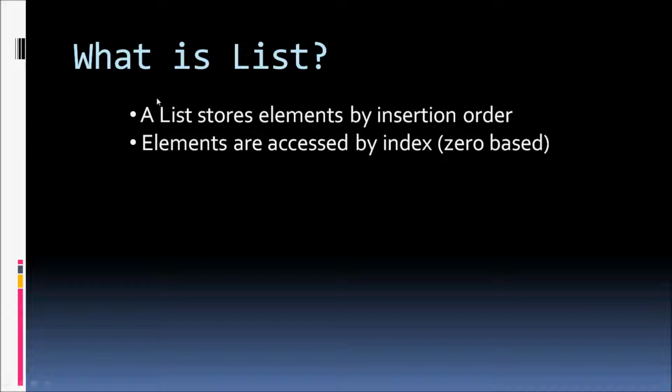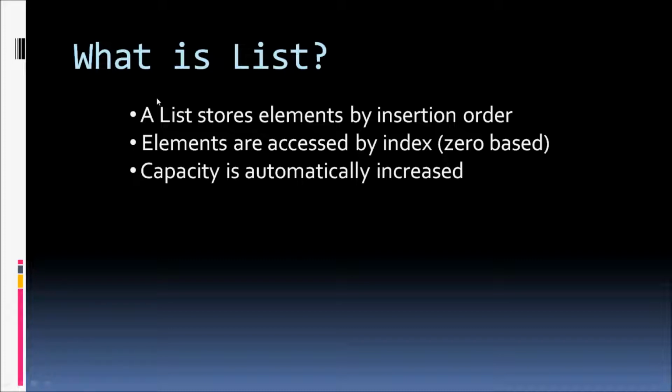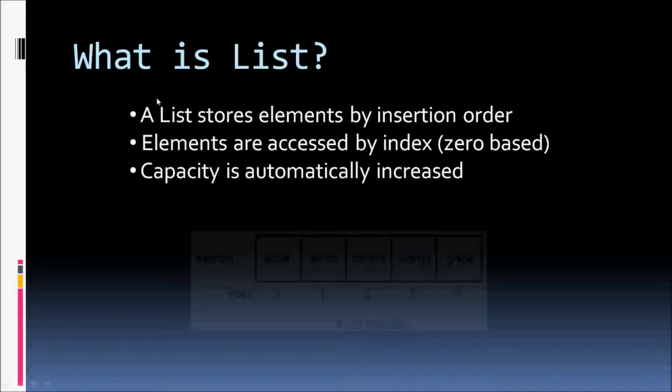That's like array, but unlike array, the capacity of a list is automatically increased when the list is full. So list is more flexible than array, as you can store as many elements as you want in the list without worrying that the list is full.